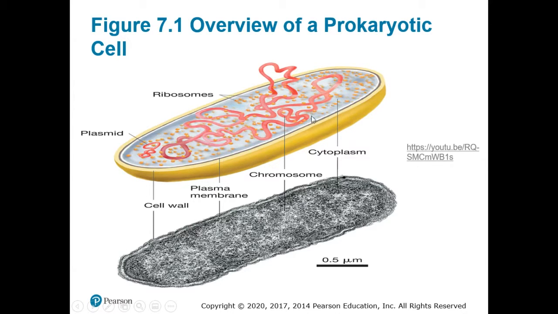Notice the few parts that bacterial cells have. They're rather simple. They have just one plasma membrane, which surrounds the whole cell. They have a nucleoid region, which is where their DNA is located. And they have a plasmid, which is another site for DNA. This is another way for bacteria to store DNA.